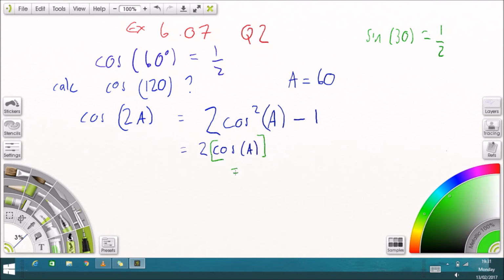Now, cosine of A we know. That's the bit in the question which says that cosine of A when A is 60 degrees is a half, so I can substitute that in. 2 lots of a half squared minus 1 equals 2 times a quarter, which is a half, minus 1 is negative a half.